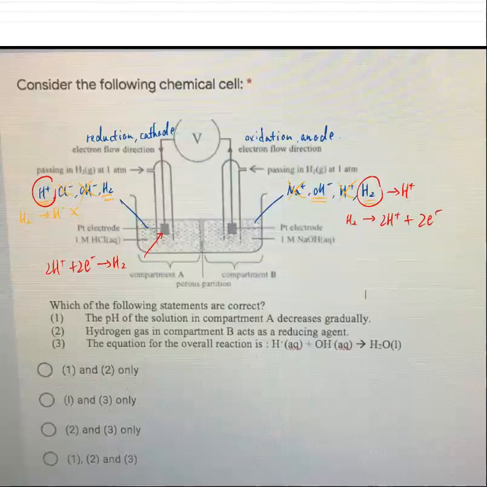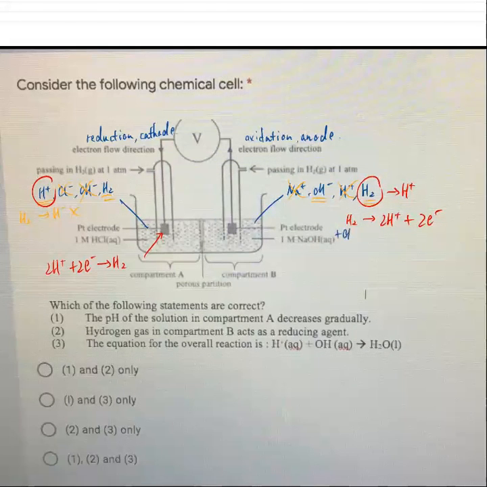And then one thing you need to note is that in this part, we have 1 molar of sodium hydroxide. It's an alkaline solution. So in an alkaline solution, it should have no H plus left in the solution, isn't it? So you should not be able to find H plus. So how do we balance this, or how do we remove the H plus? It's going to react with the OH minus in the solution, so we can add OH minus onto both sides.